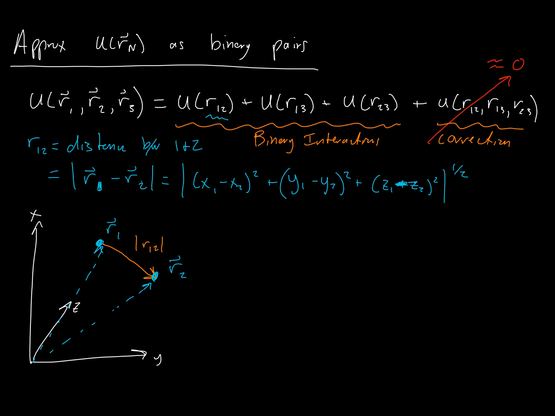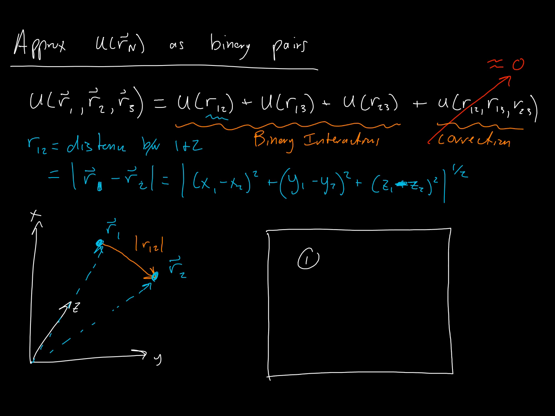You could have a potential energy function that is dependent on the angle at which the two particles are interacting as well, which would be necessary for something that's asymmetric. So if we look at the collection of three particles, 1, 2, and 3, in between them we would be looking at the energy stored in the configuration, or the separation distance, between particles 1 and 3, between 1 and 2, and between 2 and 3.